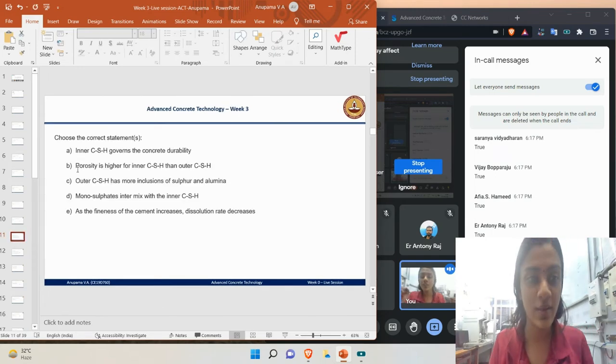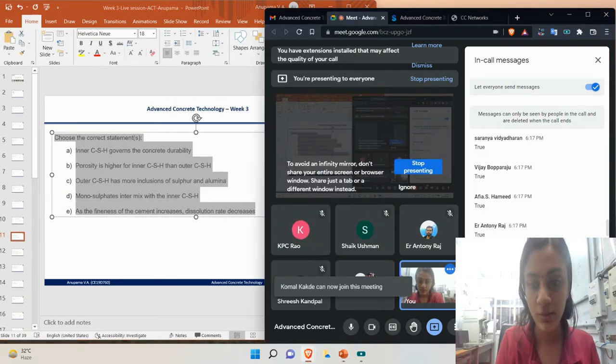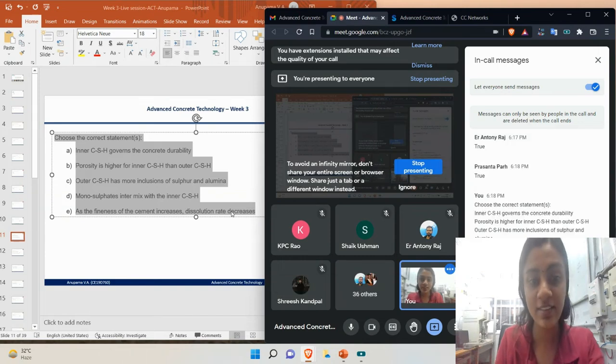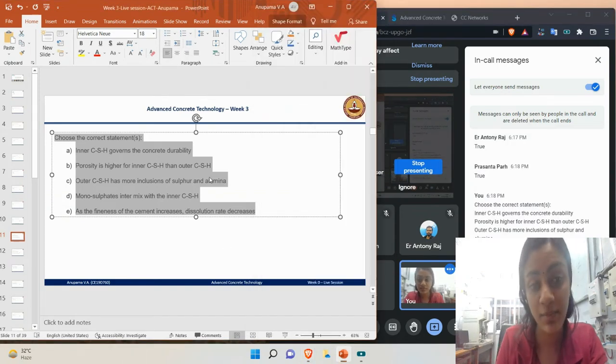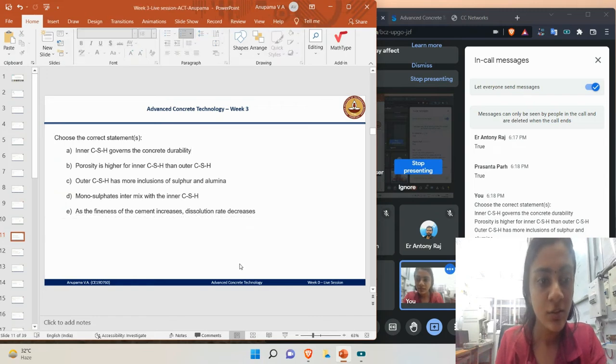We move to the next question. Here is something which you have to read carefully and answer. Choose the correct statement or statements. It can be either one or more than one. The first statement: inner CSH governs the concrete durability.